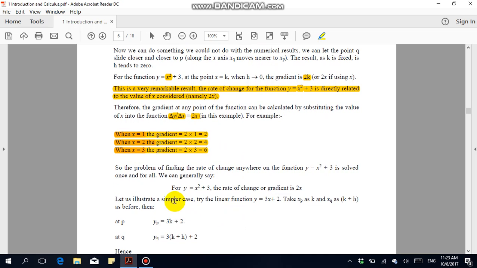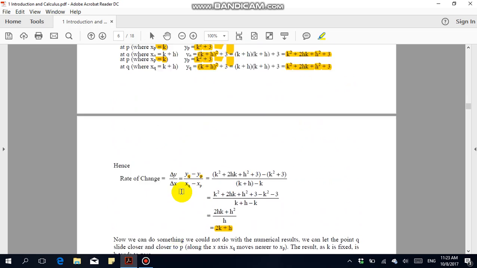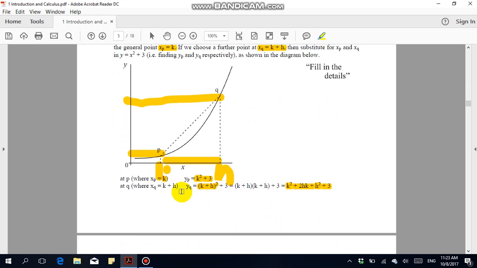We can generally say for y is equal to x squared plus 3, the rate of change of the gradient is 2x. So now you know what the gradient is. Remember at the start of this, I told you that the gradient is different at each point. It's different here, different here, different here.